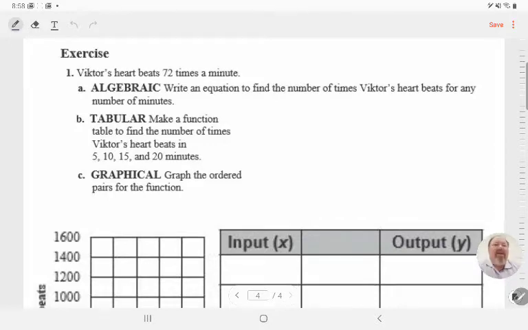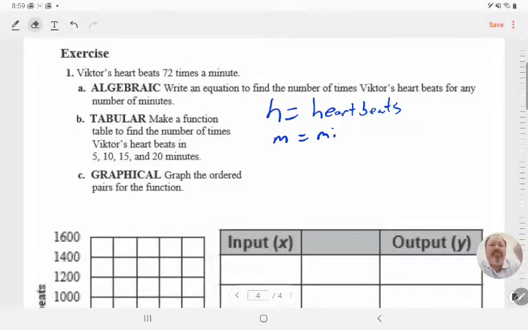So I could say, for example, H is going to equal heartbeats. And I can say M is going to equal minutes. Okay?